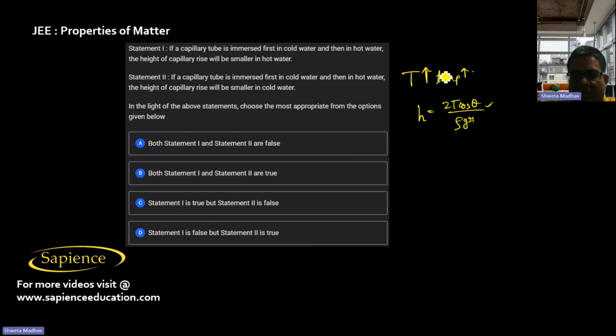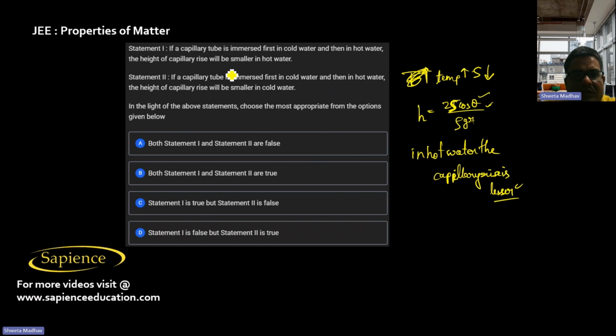When temperature increases, the surface tension S decreases. So we can write h equal to 2S cos theta by rho g r. So in hot water, the capillary rise will be lesser. The capillary rise is lesser.